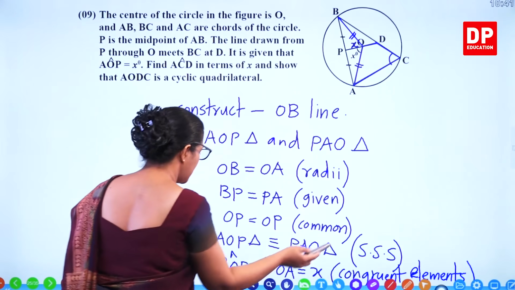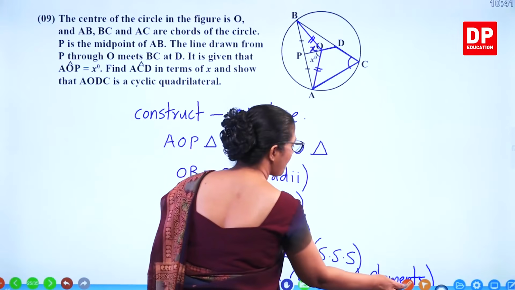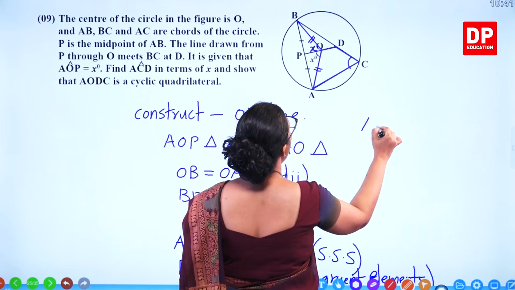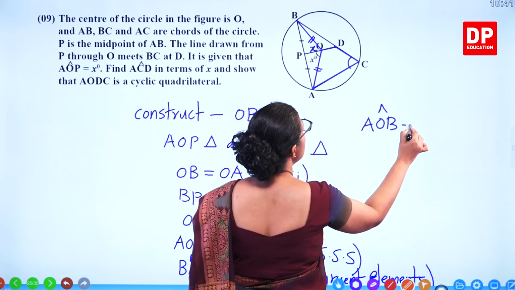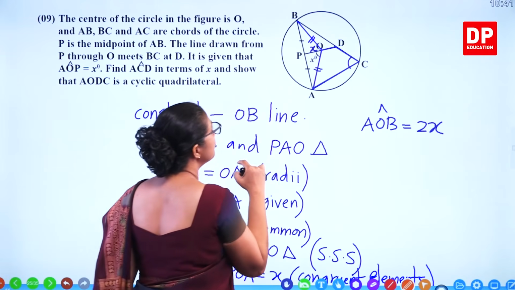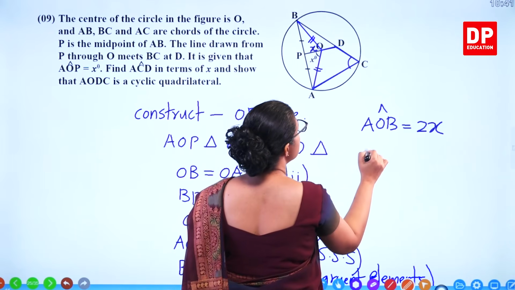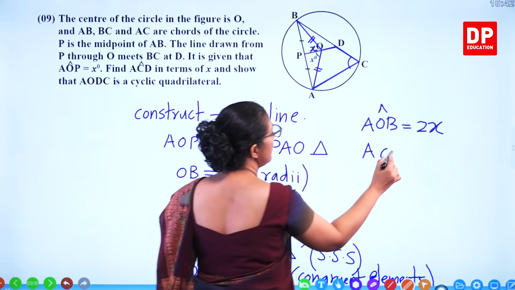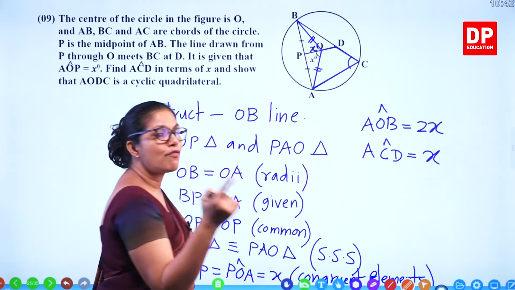Half of that. So you can write angle AOB is equal to 2X and angle ACD is X, half of that.